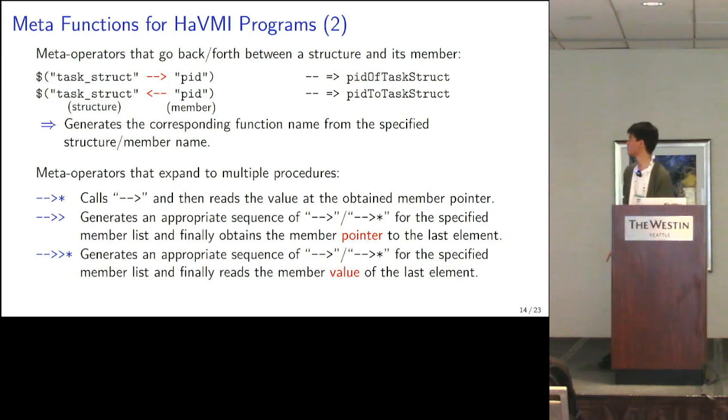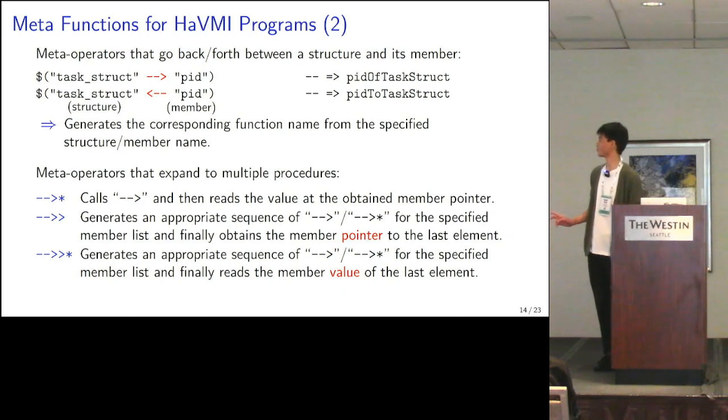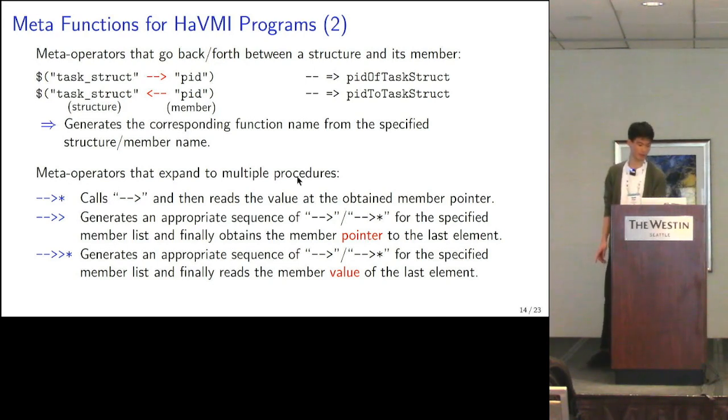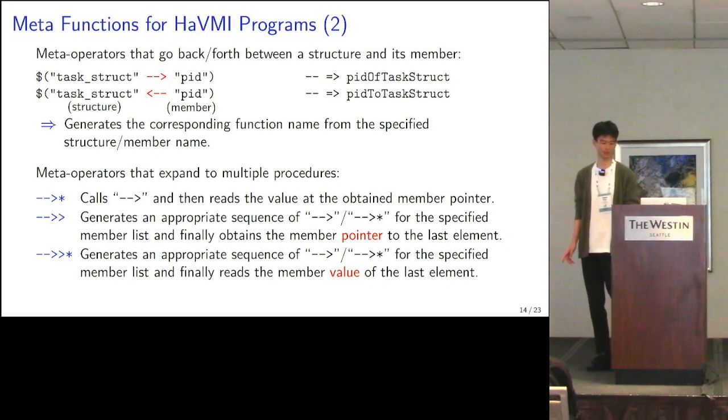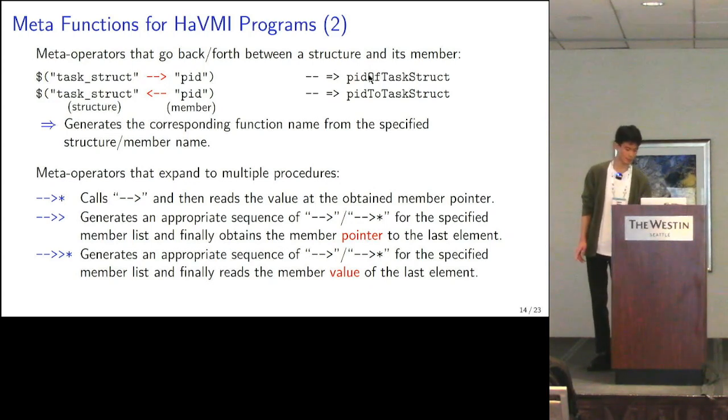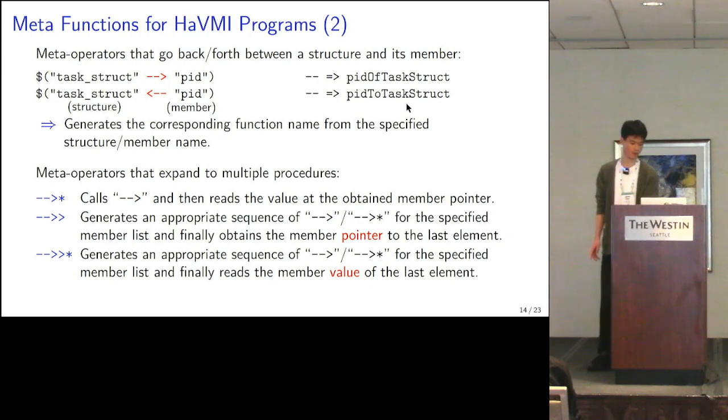The right arrow operator obtains a member pointer from a structure pointer, and the left arrow does the opposite. And these two meta operators generate a corresponding function name, in this case PID of or PID to task struct, from the specified structure and member name.